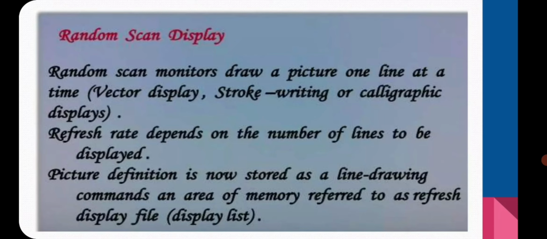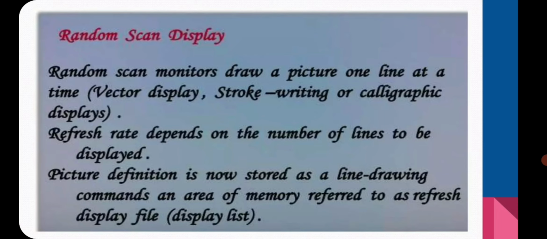Stroke writing means we draw pictures stroke by stroke. Calligraphic is the way letters are written, for example Arabic letters, which have some sharp edges in the text. So the random scan display is also referred to as a calligraphic display.